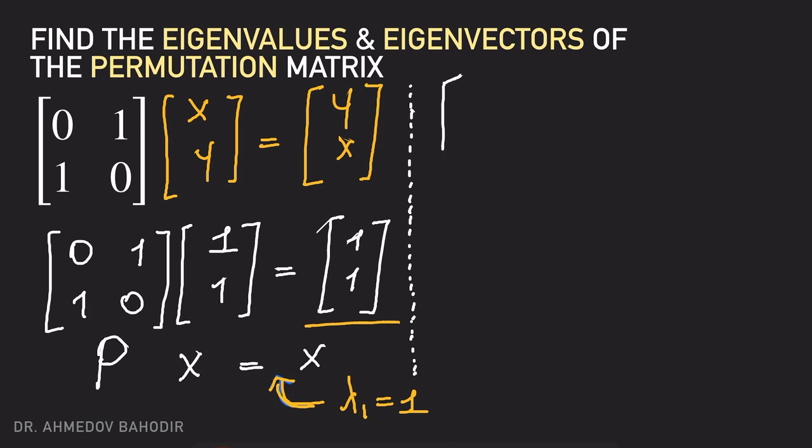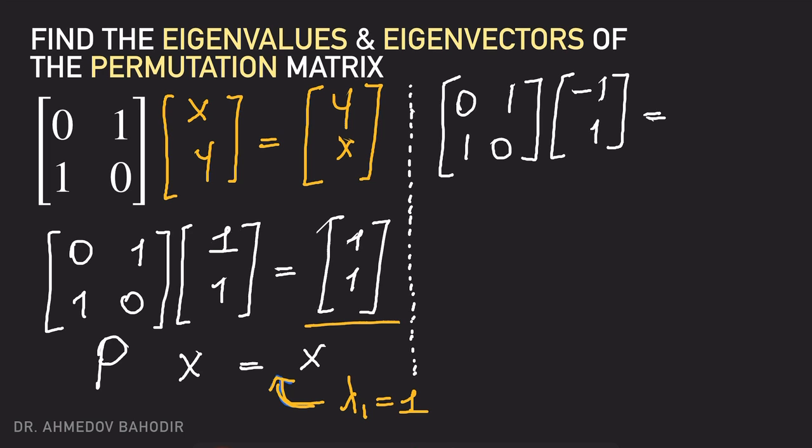Probably, if I choose the matrix 0, 1, 1, 0, and the eigenvector as the vector minus 1 and 1, then by just multiplying this permutation matrix by this vector, I would obtain the vector by interchanging the rows, right? But this vector is parallel to this vector. We can even draw these vectors.